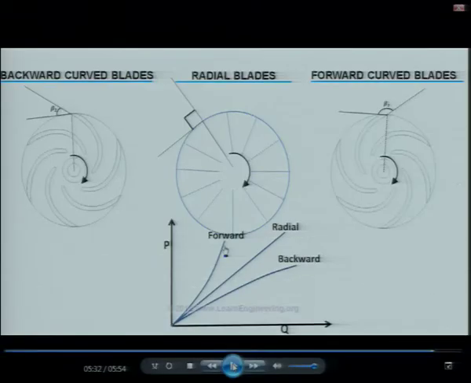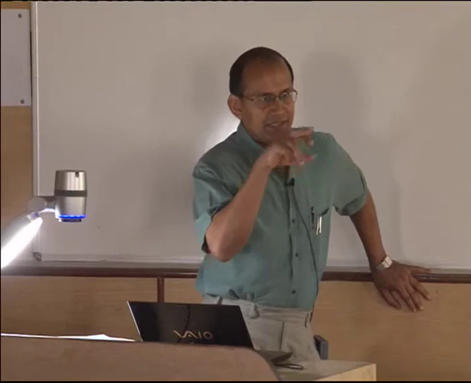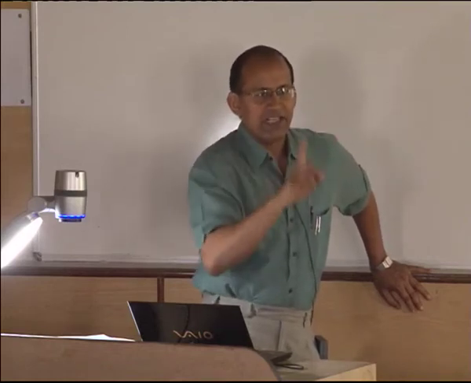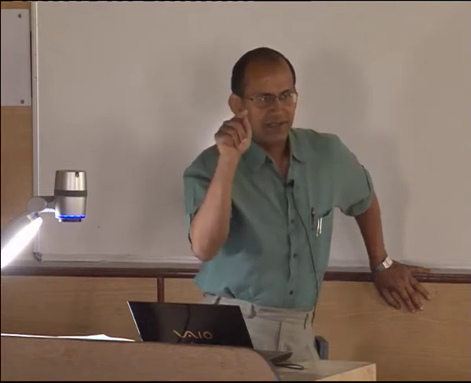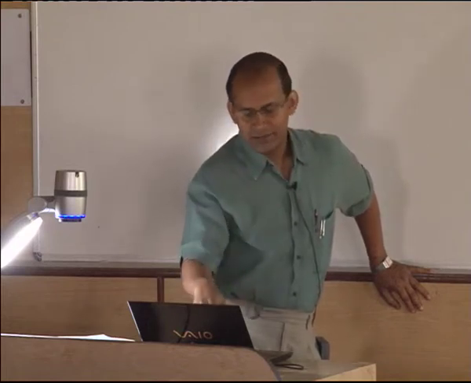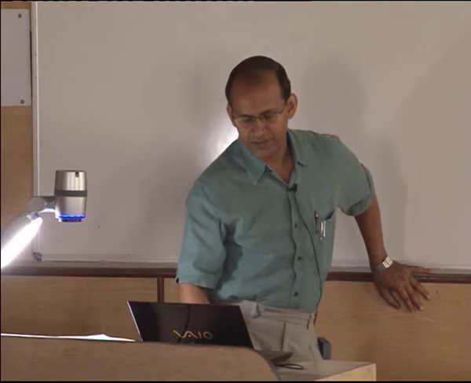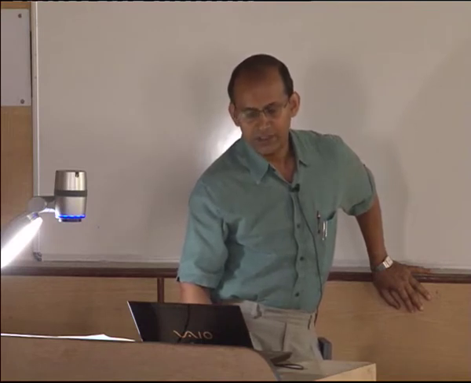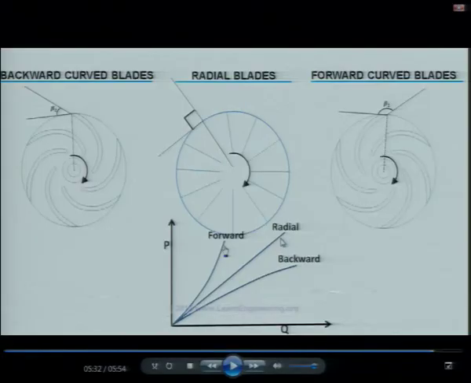Product of the flow rate and the pressure rise, right? So if the pressure rise is constant for all the flow rates, which is the case with radial vanes, then there is no contribution of the pressure rise in this term. So as Q increases, there is a linear increase.